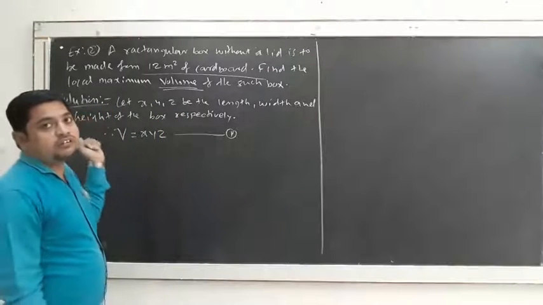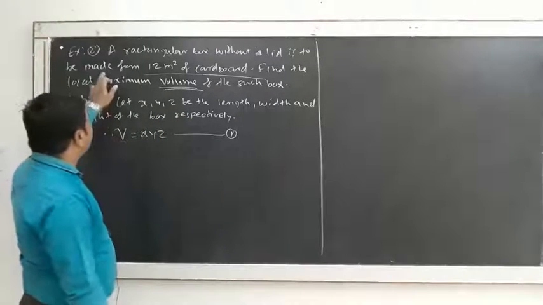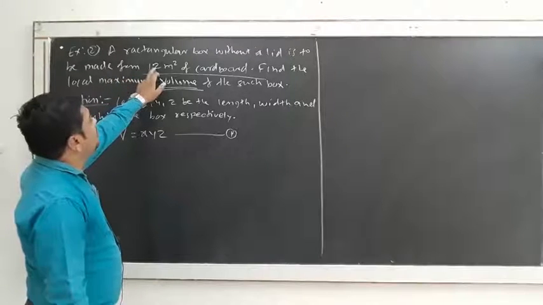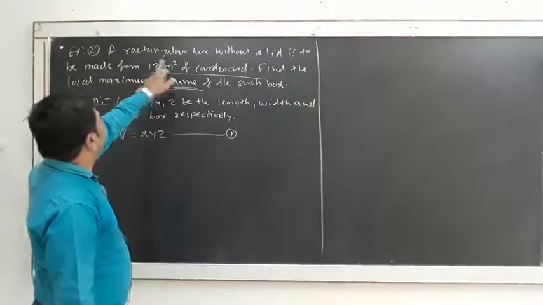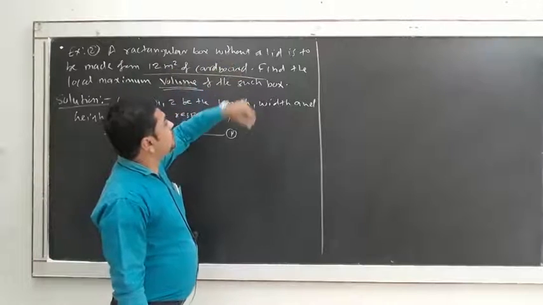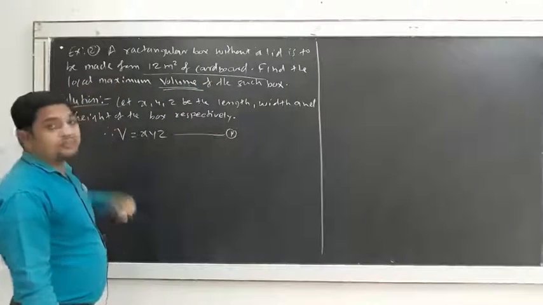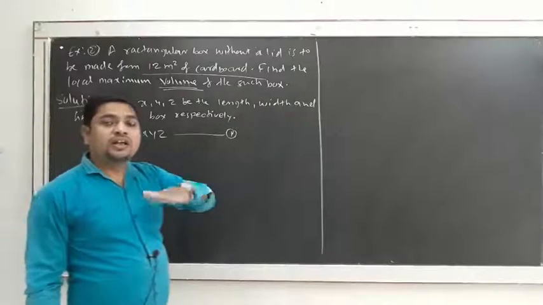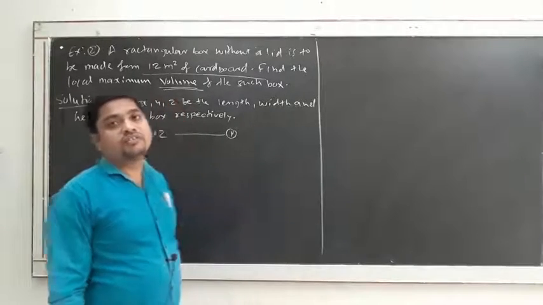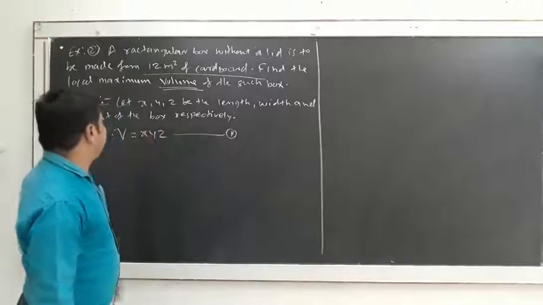Now we have to convert it from the 3 variable, and for this they are giving one more thing, that is the area. What we have given? Rectangular box without a lid is to be made from the 12 meter square. That is, there is not a lid, that is the upper surface is not considered and area is given.